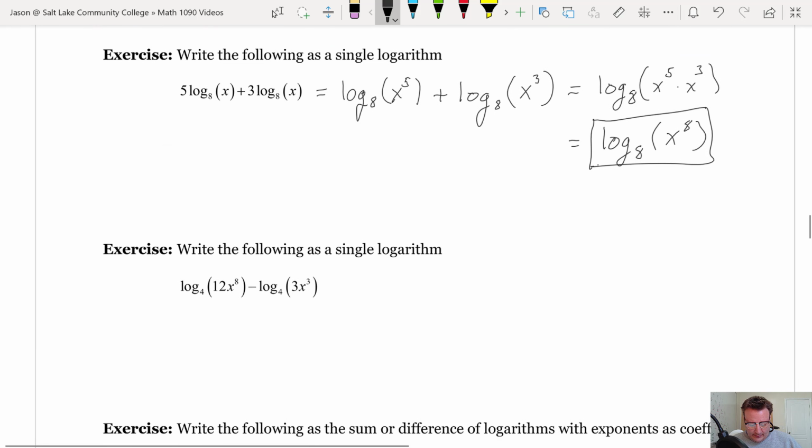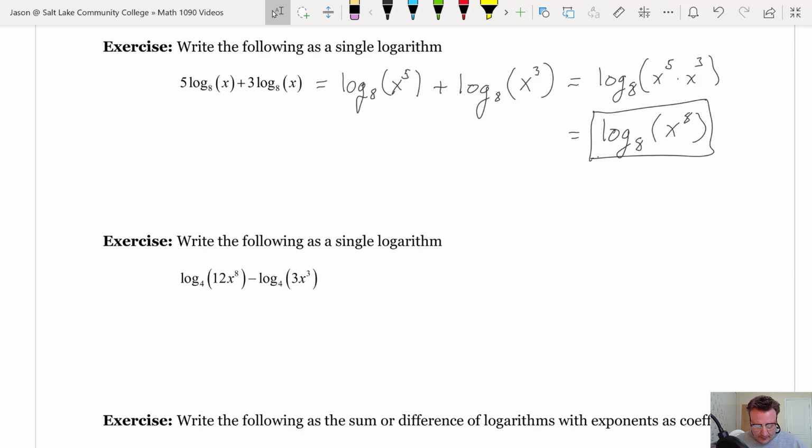Let's see another example. In this exercise, again, we're asked to write the following as a single logarithm, but we have a difference of logs here. The difference of two logs can be rewritten as the logarithm of their quotient.